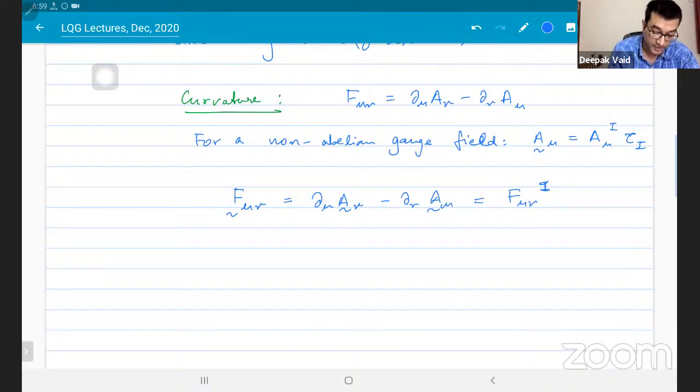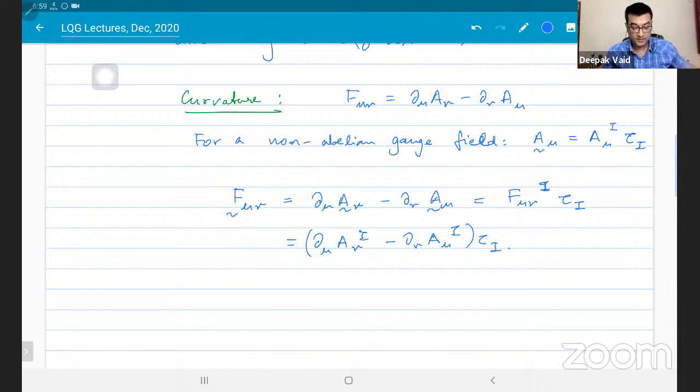I can put an index I on top of the F times tau I. Then I can write this as d mu A nu I minus d nu A mu I times tau I, like this. So this is the term I would write down if I wanted to write down this gauge field.